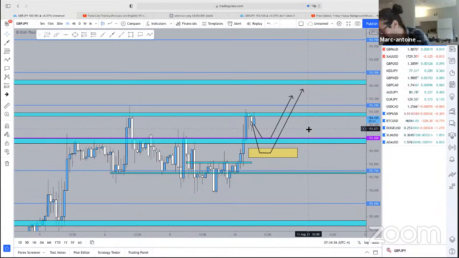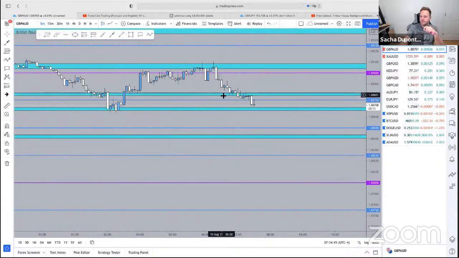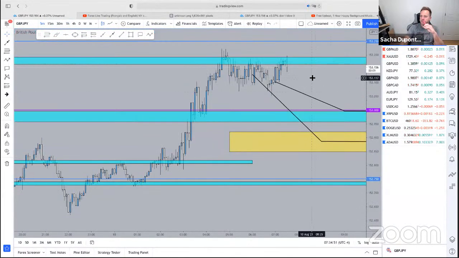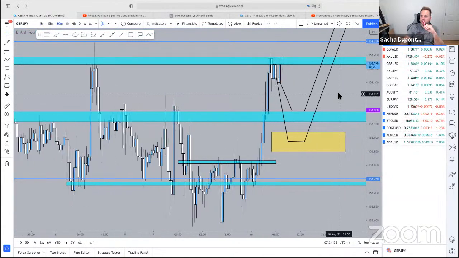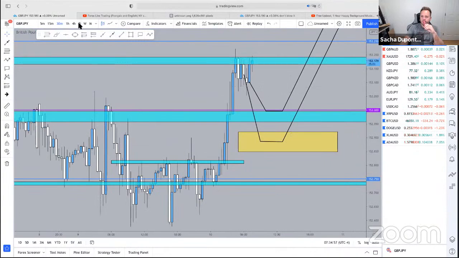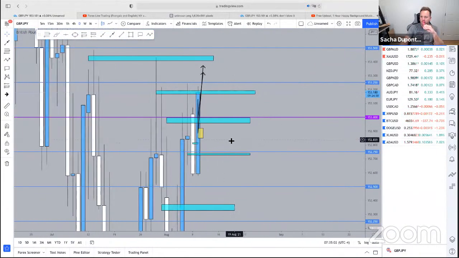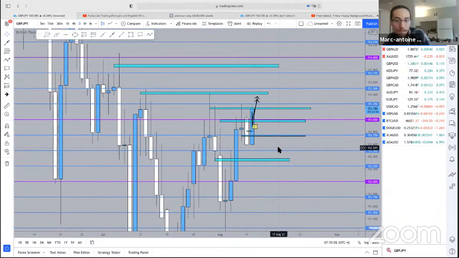My entry was based on rejection of the daily high on the 5-minute time frame. Oh, okay, I see. GA 5 minute. Pretty nice. Man, if this daily closes like this, it's massive.